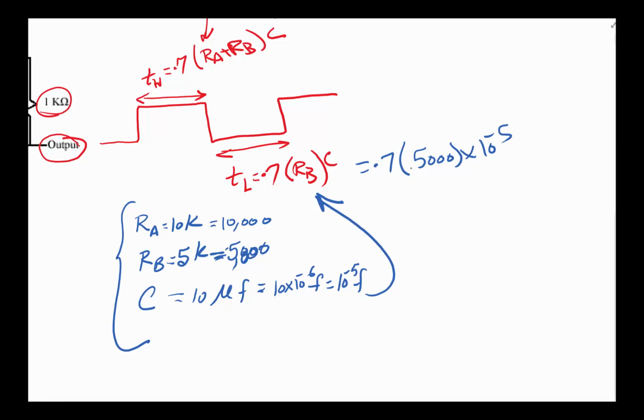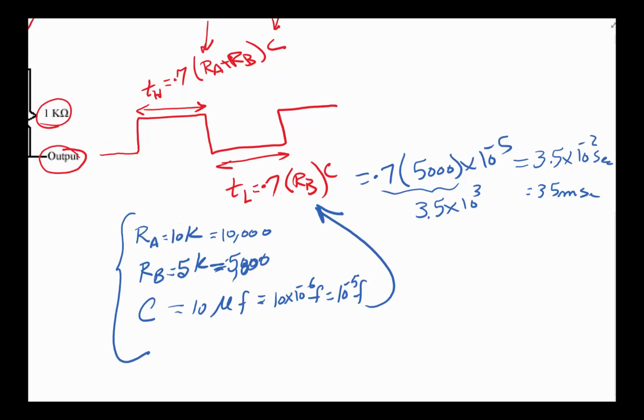If I multiply this out, this is going to give me 3.5 times 10 to the minus 2 second for the low time, or roughly 35 millisecond. So that's how long it's low.